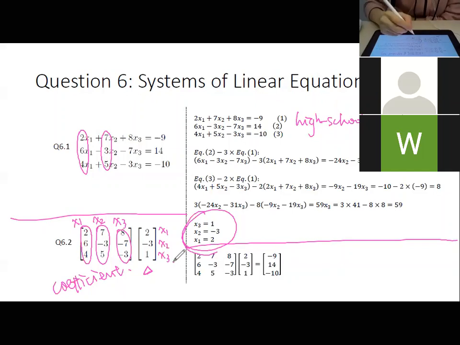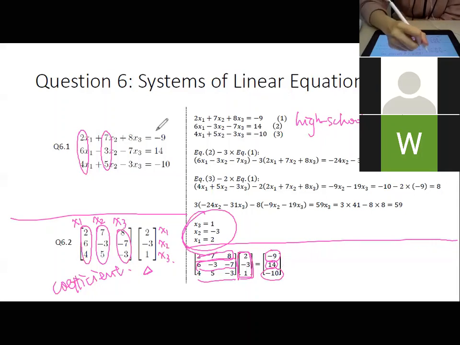The calculation is easy. We use the first row to do the dot product with the vector and get the answer minus 9, the second row to get the answer 14, and the third row to get the answer minus 10.